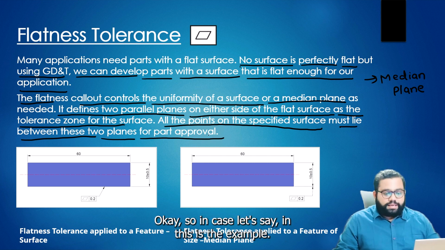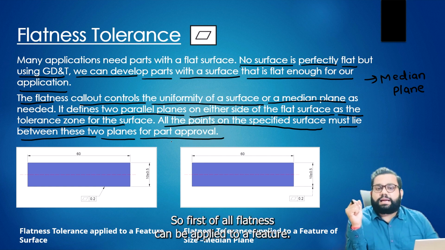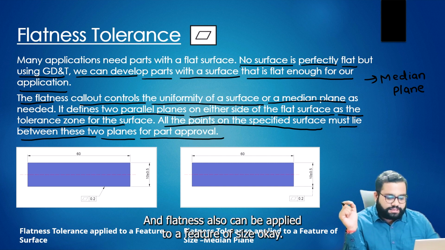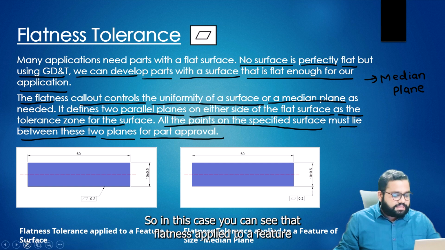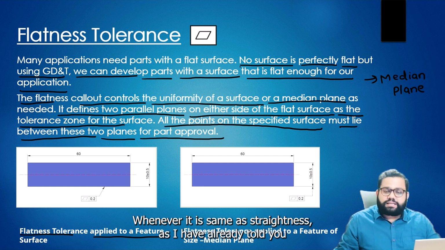In this example, first of all, flatness can be applied to a feature, and flatness can also be applied to a feature of size. In this case, flatness is applied to a feature, which is a surface. It is the same as straightness, as I have already told you.